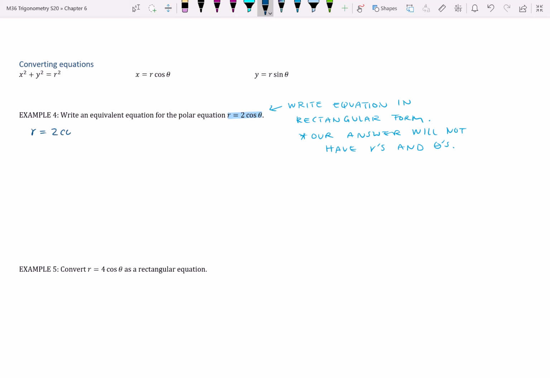We cannot use any of these converting equations directly; we would have to manipulate them. I'm going to name them A, B, and C. If we wanted to use A, we would actually have to have r squared. We could either square both sides or multiply both sides by r, and that's going to give us r squared.